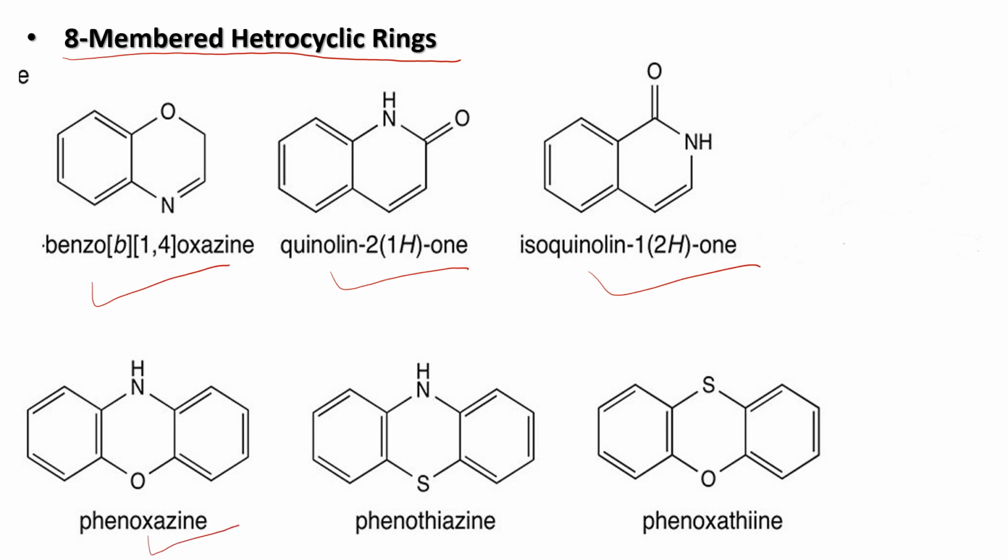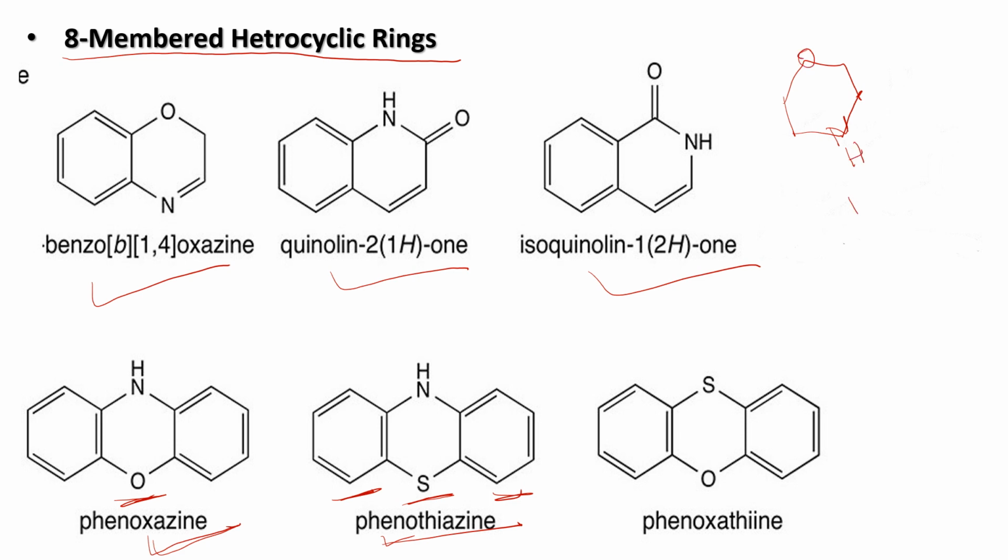Phenoxazine, you can see phenoxazine, oxazine. Then phenothiazine: two benzene rings fused with thiomorpholine. You know the morpholine structure, as I told in previous slides.